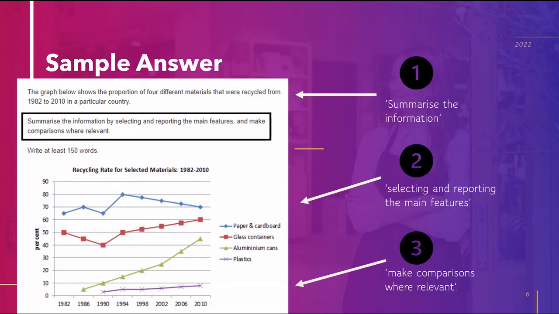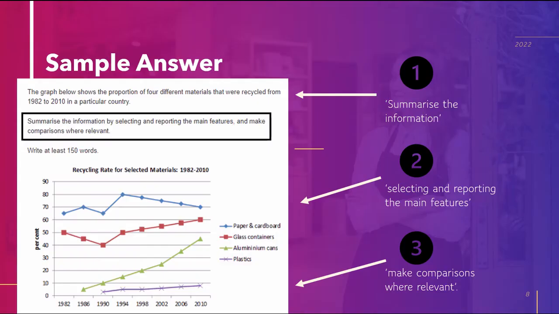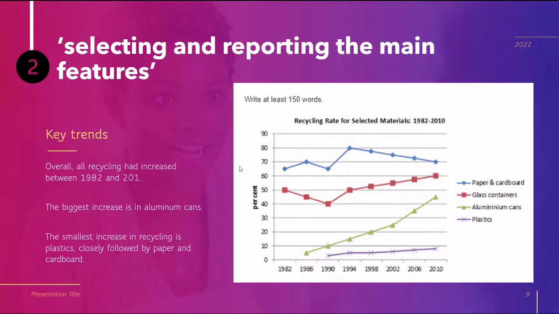Next thing that we need to do is this, obviously selecting and reporting the main features. Now this is where we go into more detail. So I'm just going to explain that very quickly. So selecting and reporting the main features, we look at the key trends. So overall, all recycling had increased between 1982 and 2010.